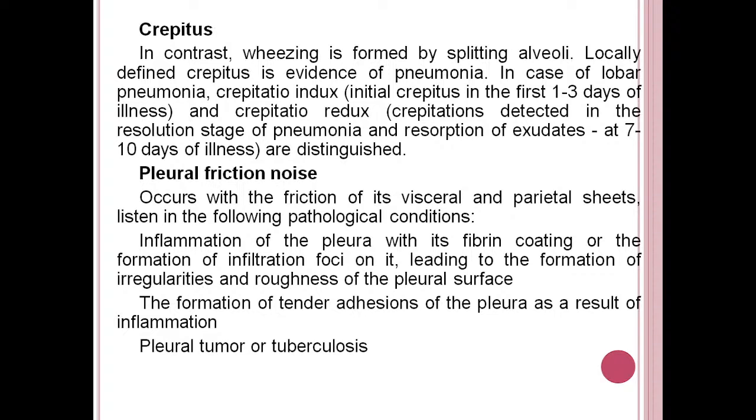Pleural friction rub occurs with friction of its visceral and parietal sheaths.